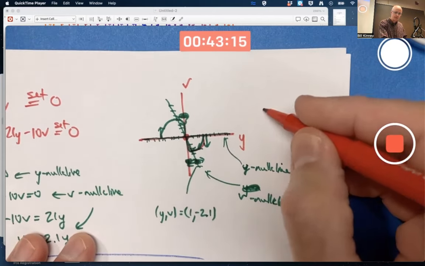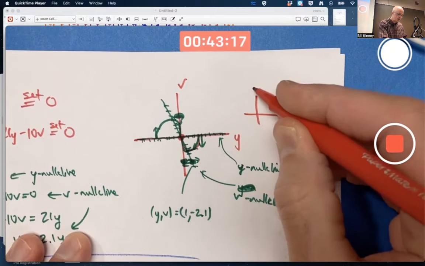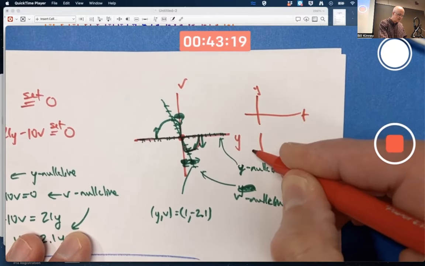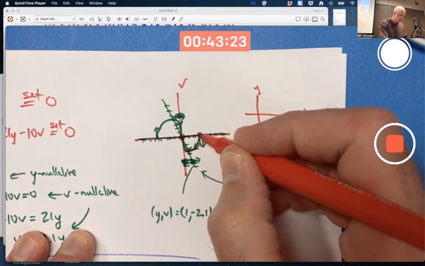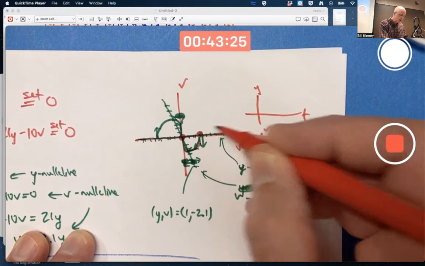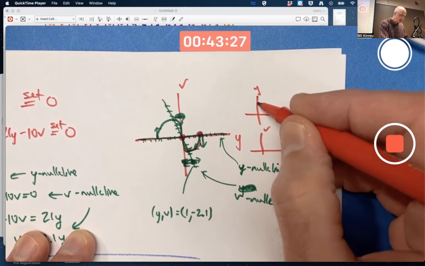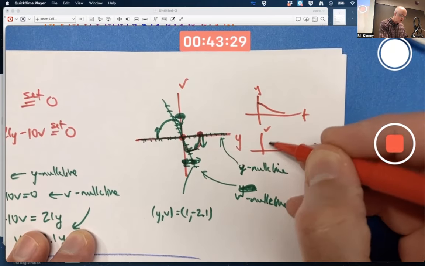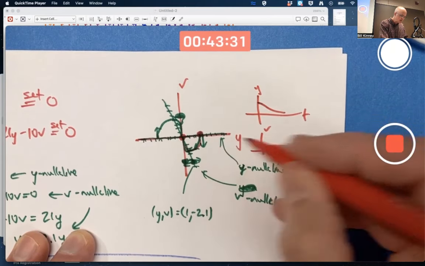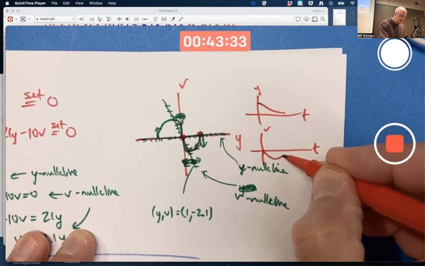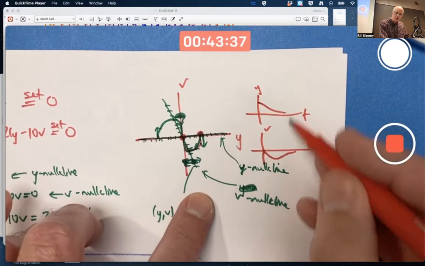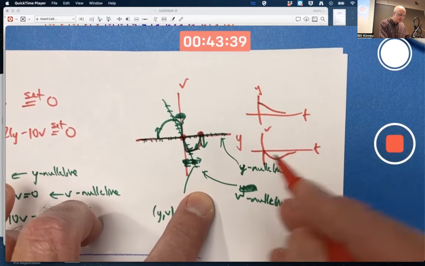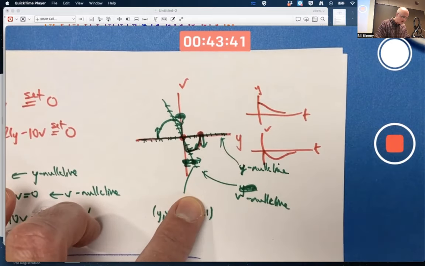In this case, what would it be? y is a function of t and v is a function of t. 2 separate graphs. Well, it depends on what your initial condition is. If your initial condition is right there, y starts at 1 and decays to 0. v starts at 0, goes negative before decaying back to 0. That's a quick sketch of y and v as functions of t based on this graph right here.